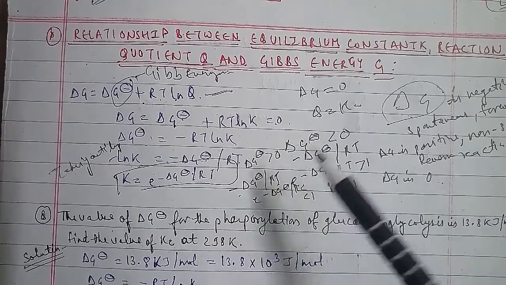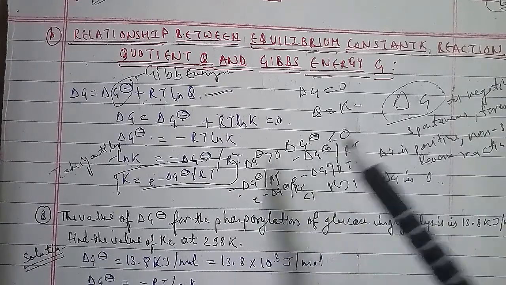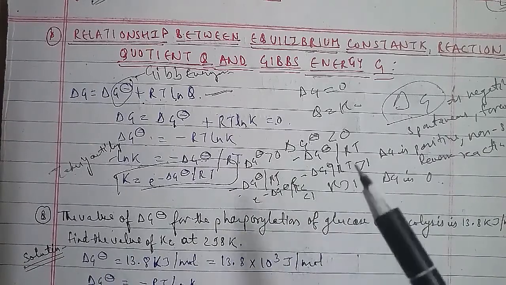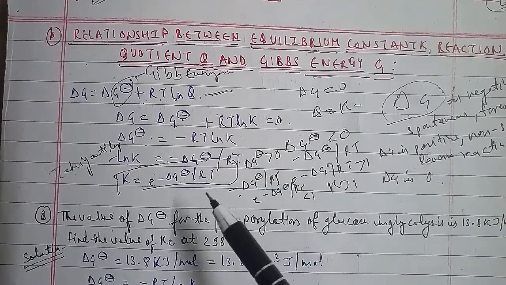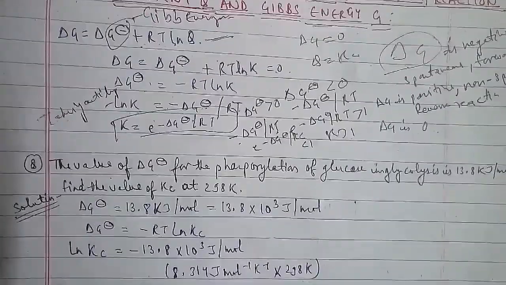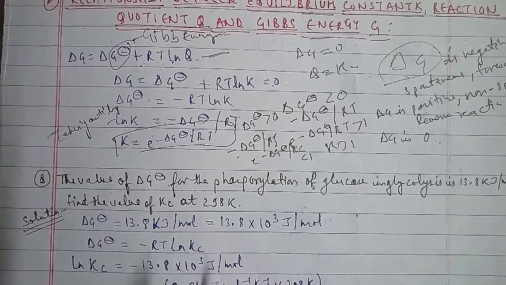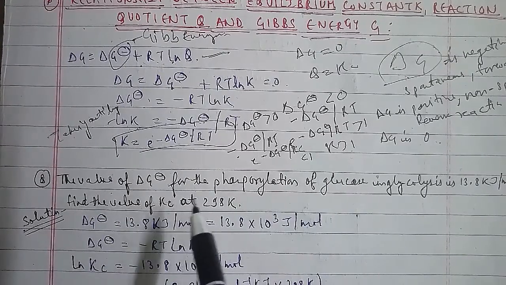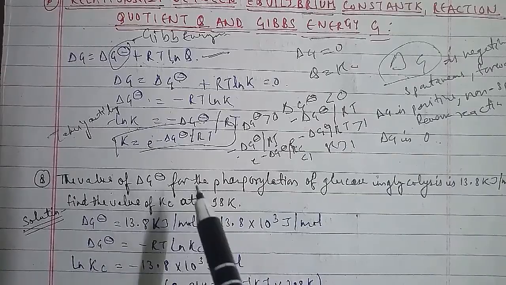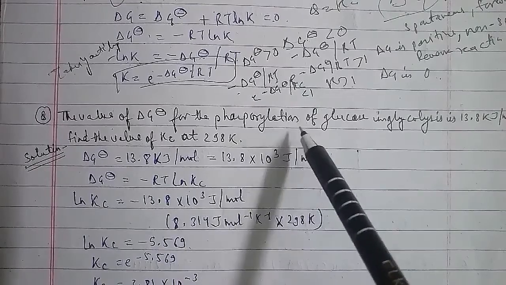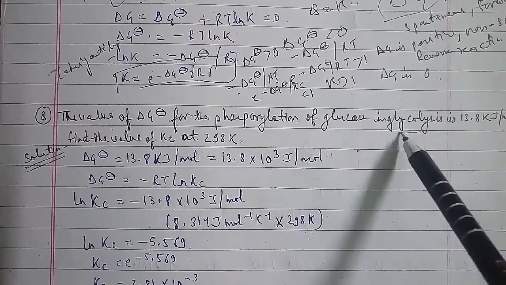With regard to that, now we'll discuss one of the questions. The question is: the value of ΔG° of Gibbs energy for the phosphorylation of glucose in glycolysis is 13.8 kJ mol⁻¹.